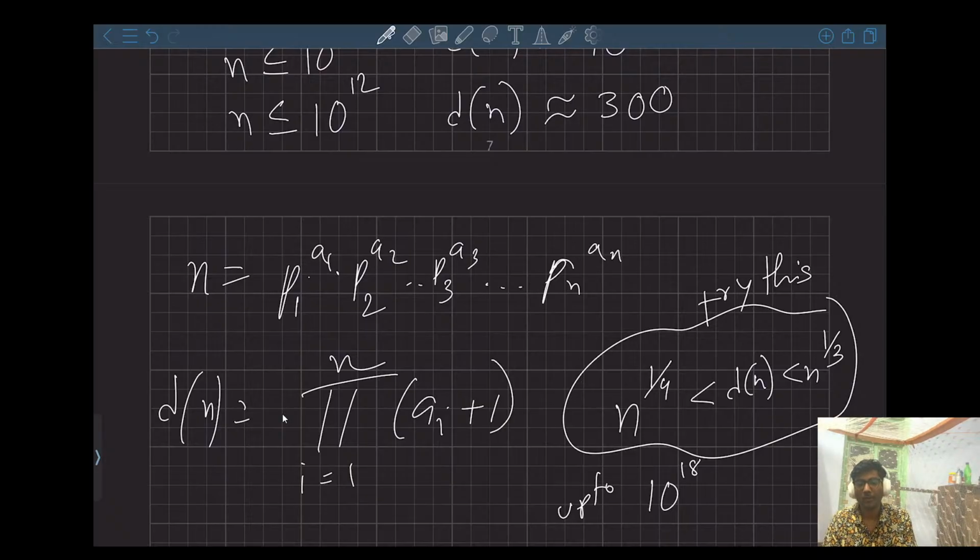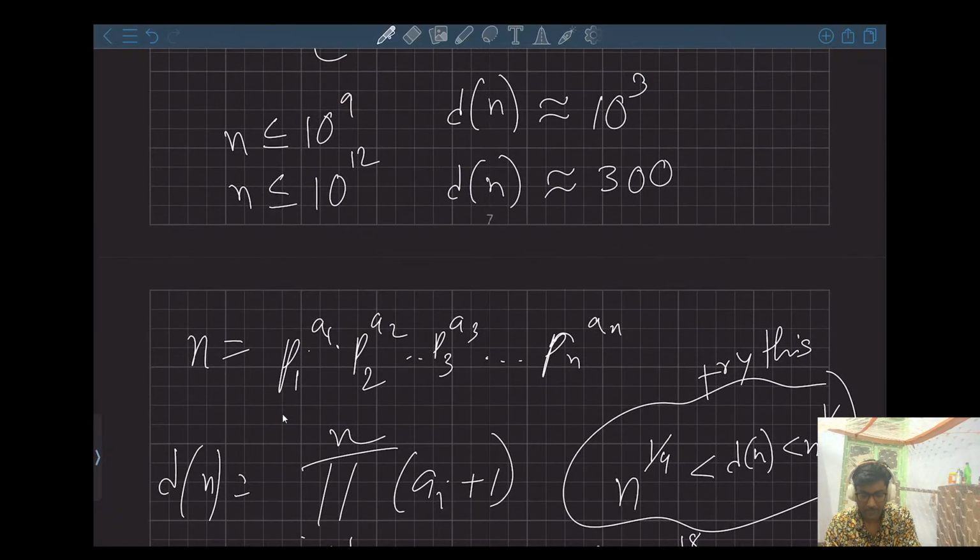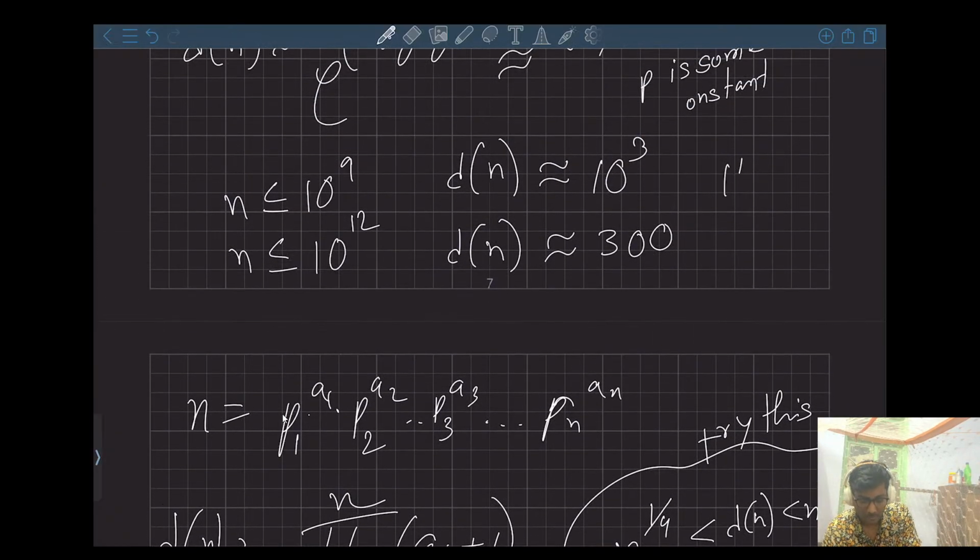Like up to 10 to the power 12, it satisfies. Because n to the power 1 by 4 is 100. Sorry, it is not 10 to the power 3, it is 10 square. So 100. So 9 by 3 is around 10 to the power 3.